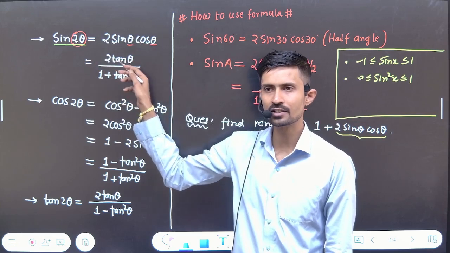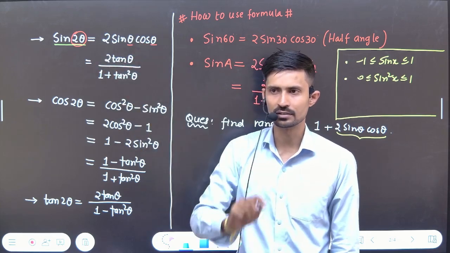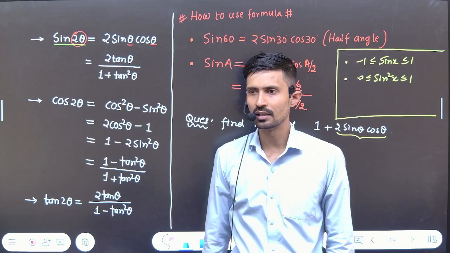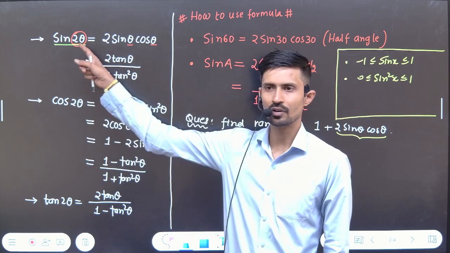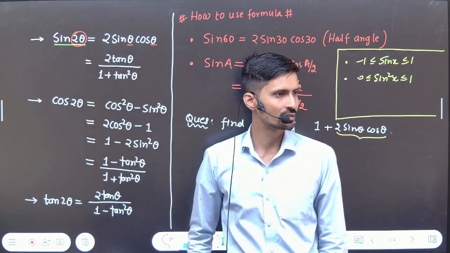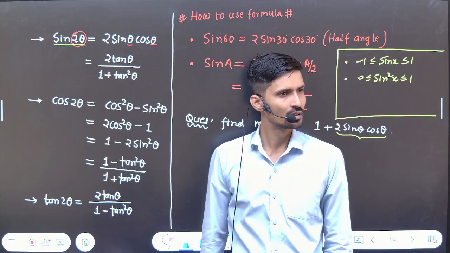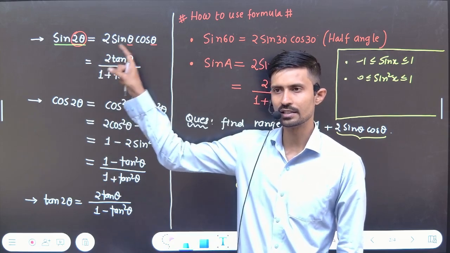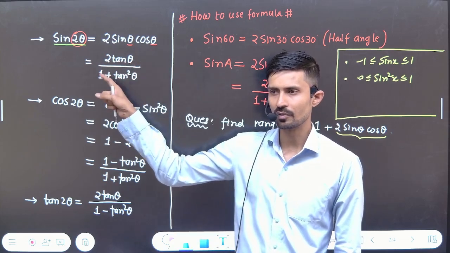And if you apply this formula, it changes into tan. So this is the observation we have to remember: of these two formulas, one changes into sine and cos, and one changes into tan.